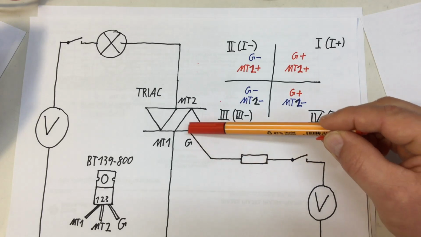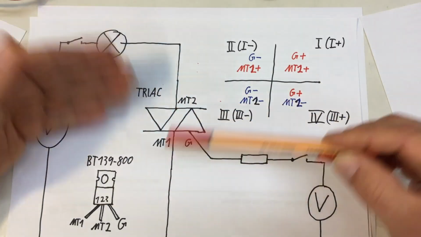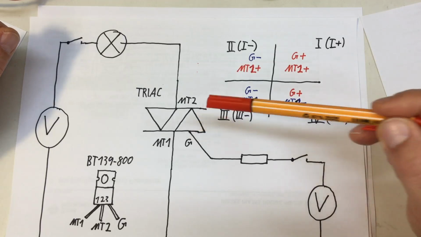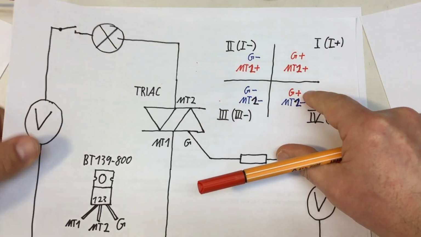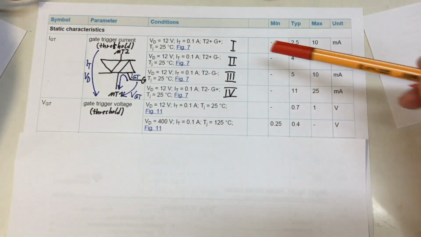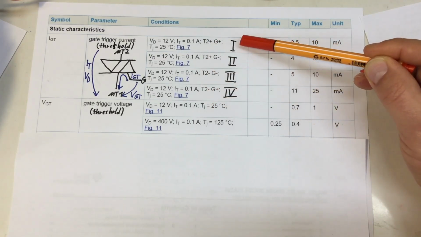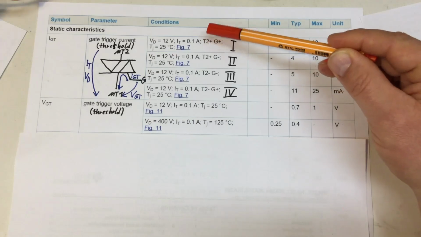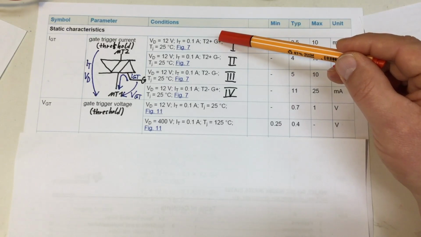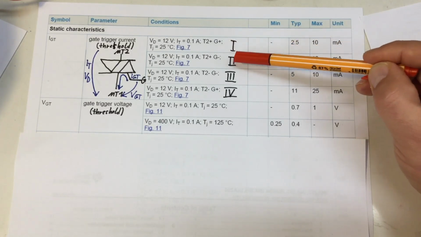And we need to apply a minimum current into the gate or out of the gate. Yeah, it's 4 quadrant, yeah, plus minus always. And that's the gate trigger current. For the gate trigger current, we have 4 sets of parameters depending on in which quadrant we are operating the TRIAC. So T2 plus, that's, yeah, not main terminal, just terminal 2 plus, gate plus, T2 plus, G minus, etc. But these are our quadrants, 1, 2, 3, 4.